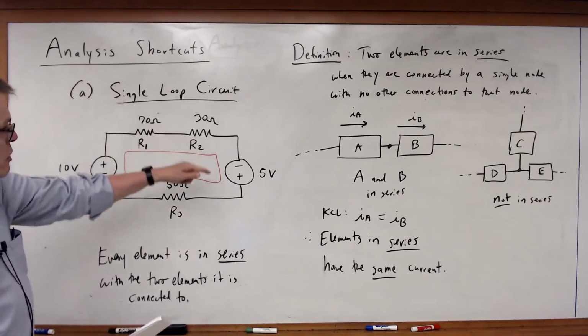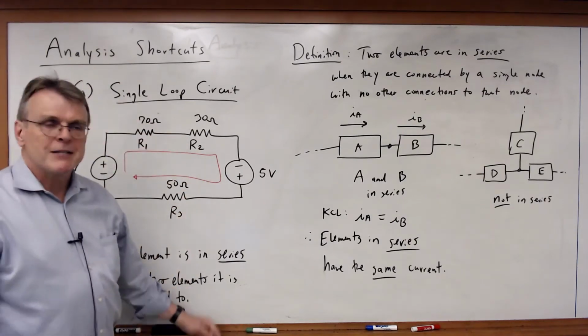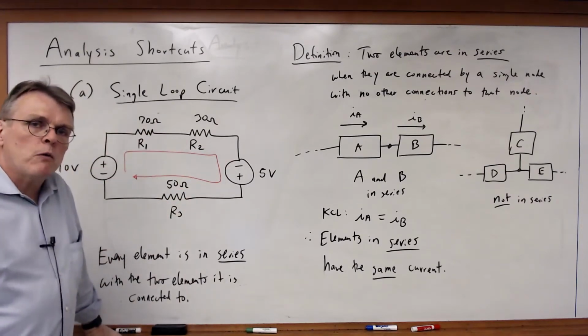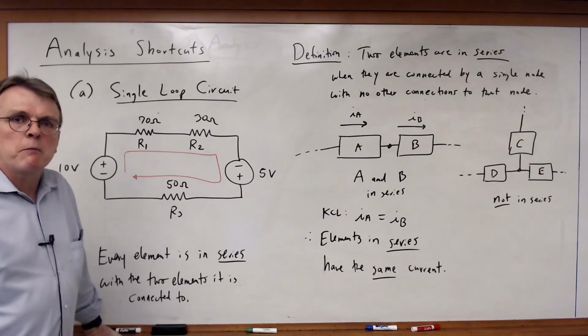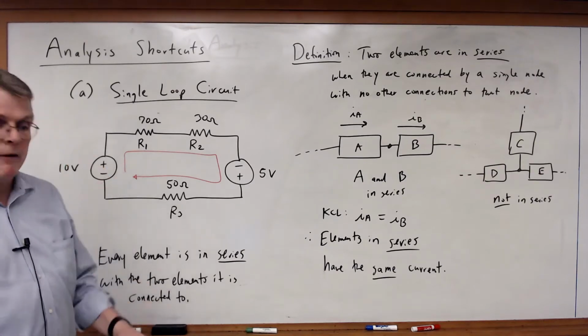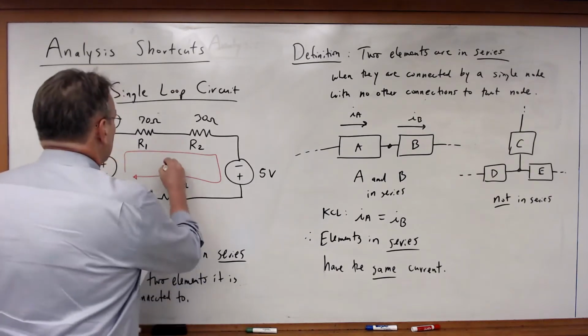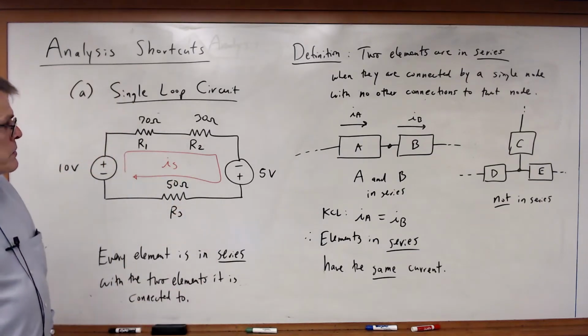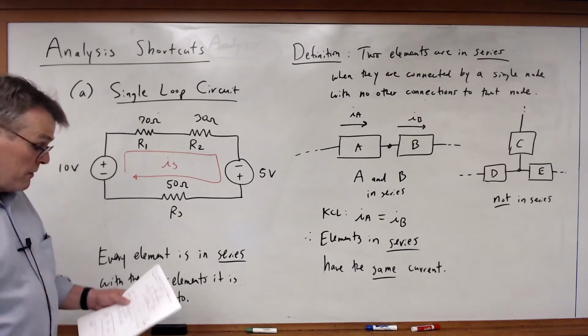There is one current that's going to flow around that loop. It's got to be the same current in every element. So why in the world would I want to define those as separate variables? There's really only one variable I need to worry about. I'm going to call that I sub s. So now let's go through and let's solve for this circuit.